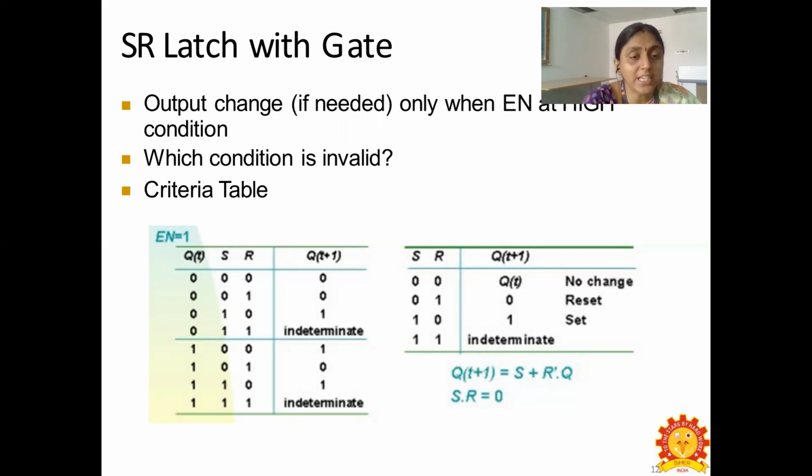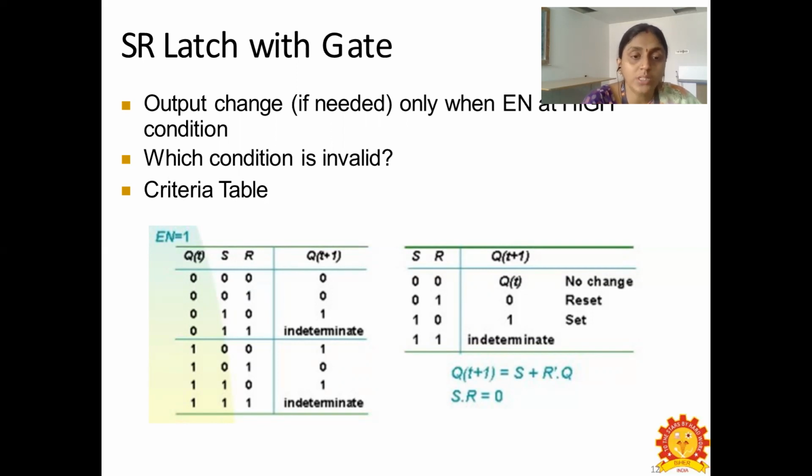And when S is 1, that is the set condition, your next state value will be 1. And when both S and R values are 1, then it is an indeterminate state, that is invalid. And when the present output Q value is 1, when S and R values are 0, then the next state value is 1.